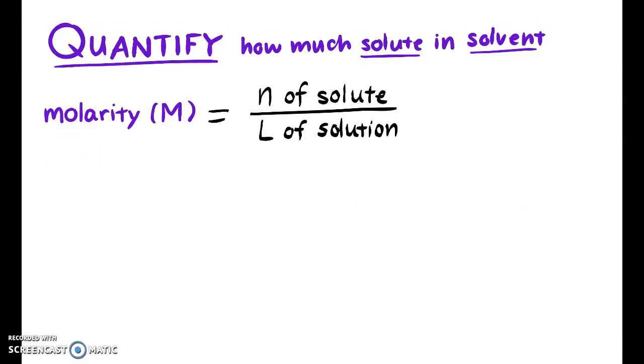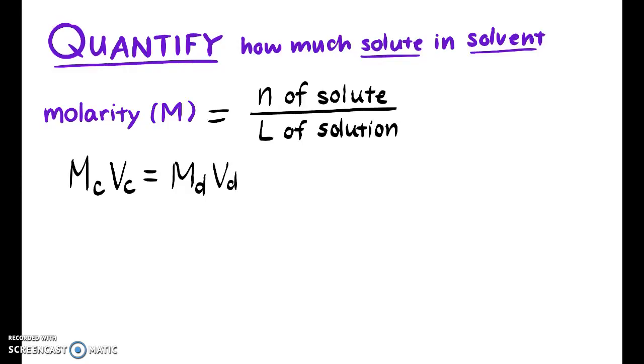That was if we were adding a solid solute to the solvent in order to have a solution. However, what if we have a solution already and we know its molarity, and all we want to do is dilute that solution? Then we can use a formula where McVc, where c stands for concentrated, M is the molarity, and V is the volume, is equal to the molarity of the dilute solution times the volume of the dilute solution.